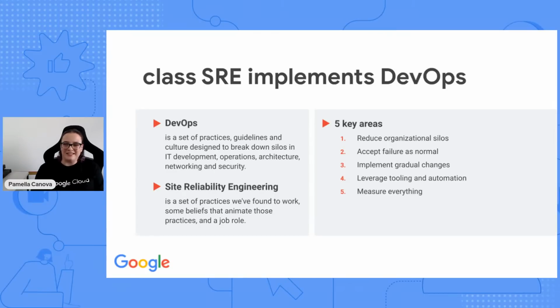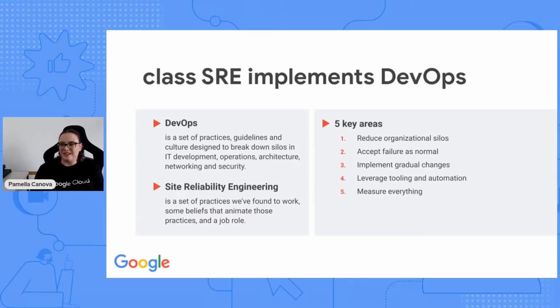So, as I said about DevOps, what they are, then what's SRE compared to DevOps? Actually, some people might say that SRE is a way of implementing DevOps because most of the practices and fundamentals are basically the same.